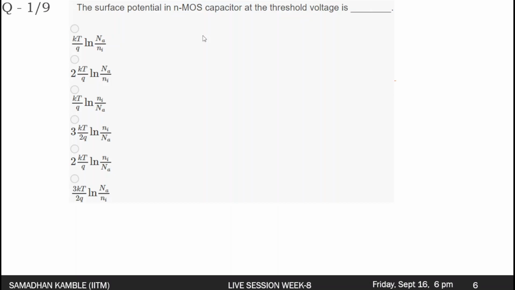We know that the threshold voltage is at when the surface potential is 2 times phi f. So now tell, what is the value of phi f? How do you determine the value of phi f based on the concentration and the intrinsic charge concentration, etc.? I think this should be fairly straightforward, guys. Anyone?